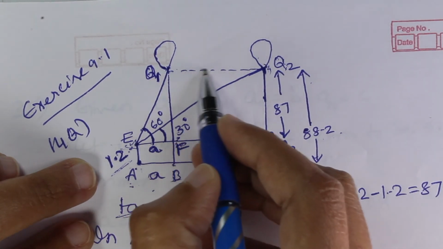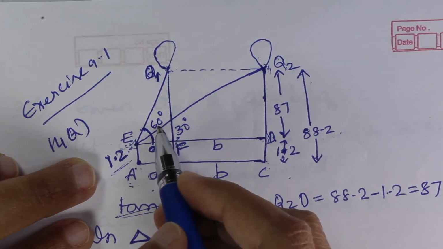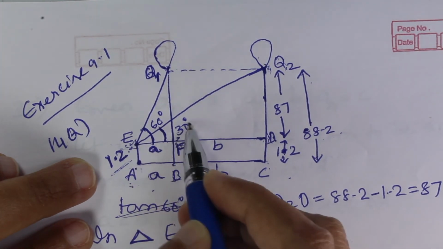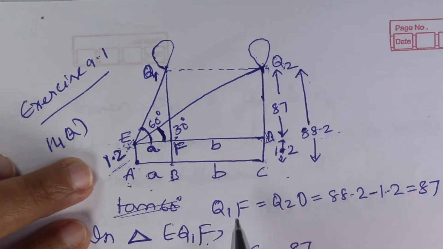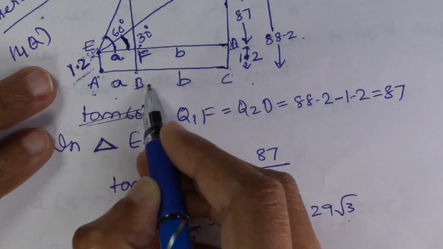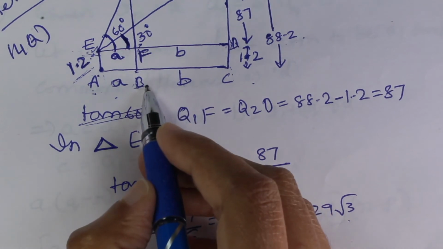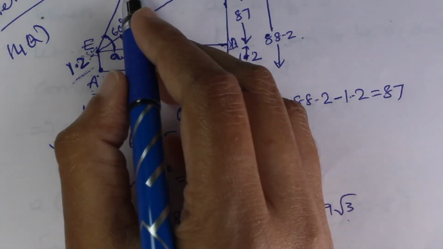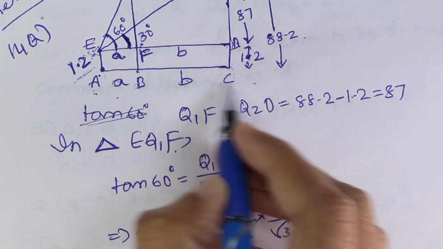Now the balloon has moved some distance and the girl has looked at the balloon again and the angle of elevation is 30 degrees now. So let's assume AB to be small a and BC to be small b. What do we have to find out? We have to find the length of BC, that is the distance travelled by the balloon from Q1 to Q2. Q1Q2 is equal to BC.